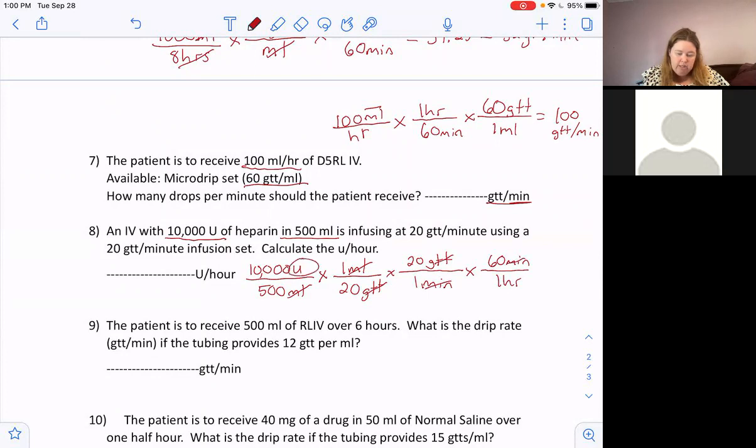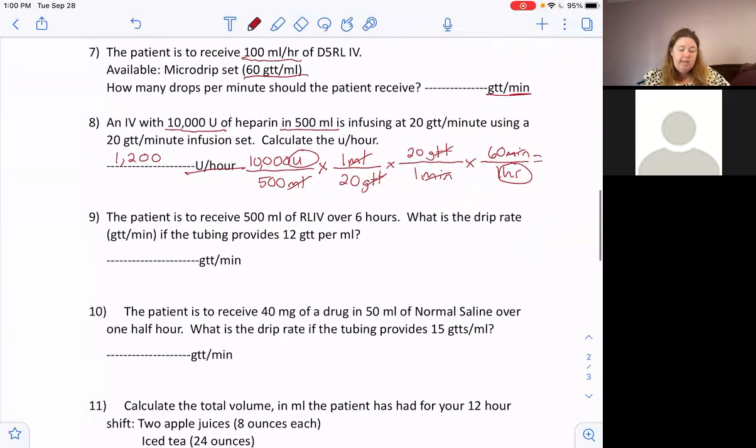We're left with units per hour, which is where we want to end up. So 10,000 times 20 times 60 divided by 500 divided by 20 equals 1,200 units per hour.